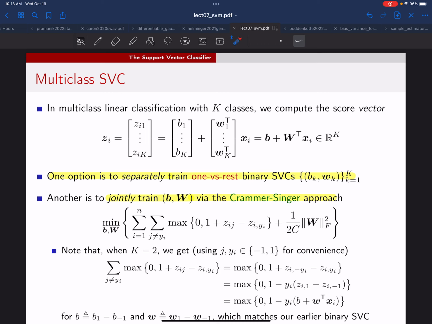But can we make sense of this? One thing we could do is see whether, for the K equals 2 case, this agrees with the binary classifier that we designed earlier. In this case, when you have 2 classes, you still will be designing 2 pairs of bias and weights: B1, W1, B2, W2.